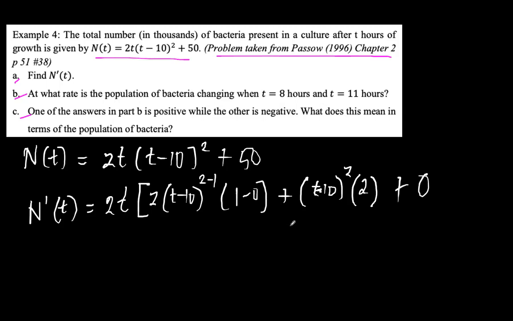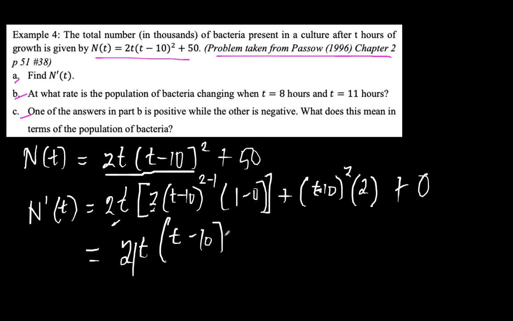I just want to make sure we take the derivative using the product rule. So let's simplify. This becomes 4t, 2 times 2 times (t minus 10) raised to 1 times 1, and this becomes 2(t minus 10) squared plus 0.